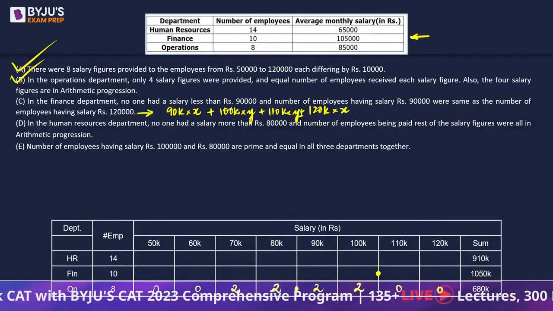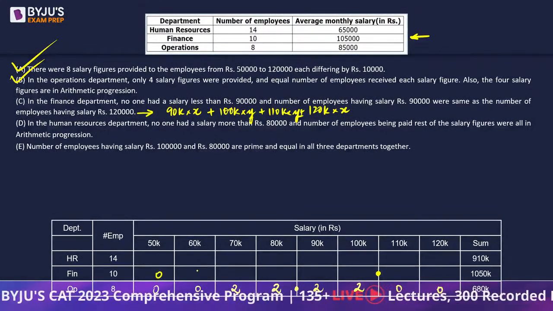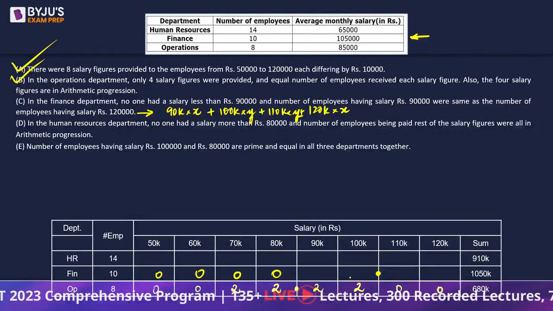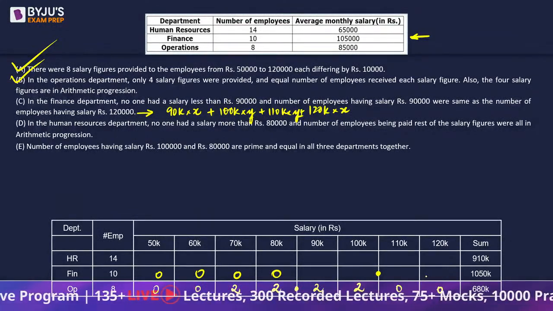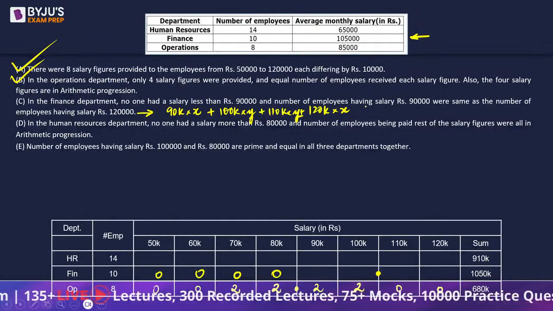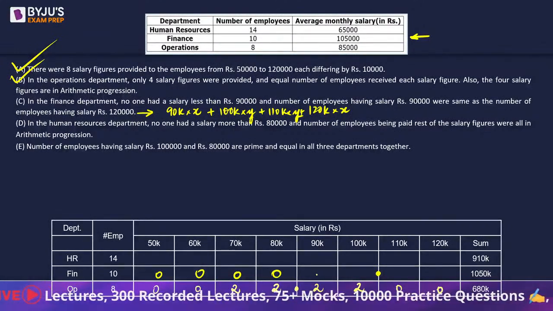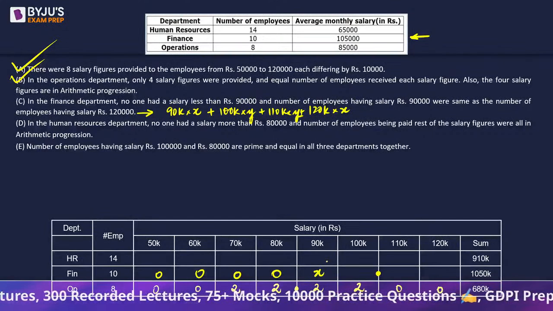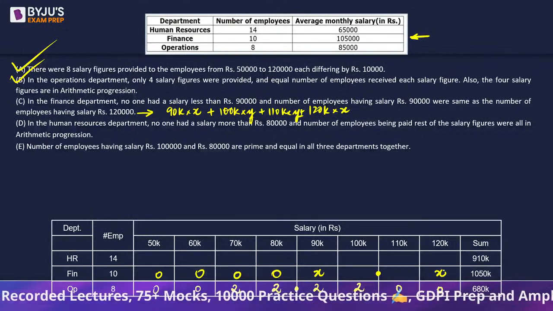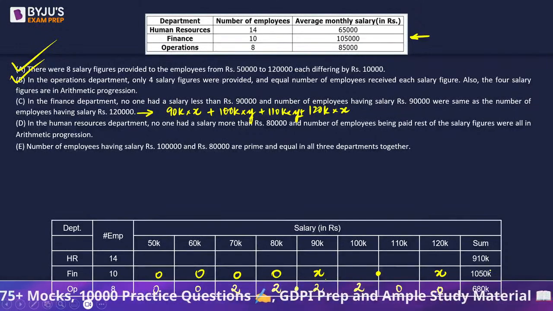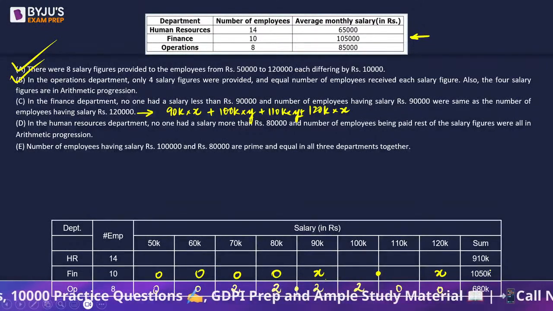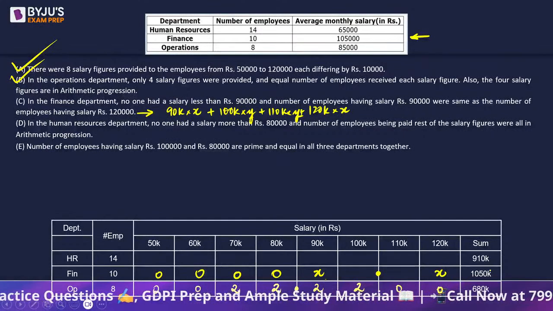Look, it says the minimum salary is 90, so all of these are zero. So we have to take the values whose average will be our 105. If we take X employees at 90,000 and X employees at 120,000, the average will be 105,000, no doubt about it. The middle number of 90 and 120 with equal weightage is 105.